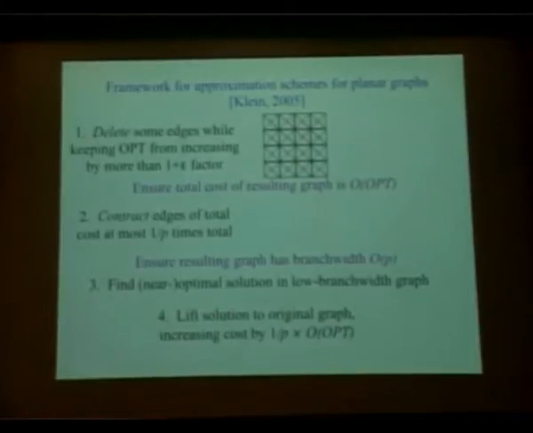Is that right? Now, we know that contraction and deletion are dual operations. So this methodology can be flipped into the dual. So in the first step, we delete edges, and in the second step, we contract edges. So we're going to use that framework in the next.